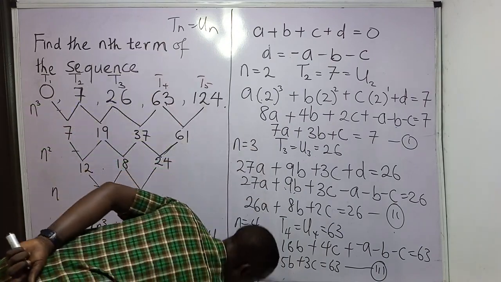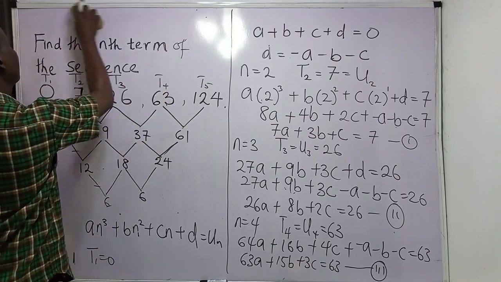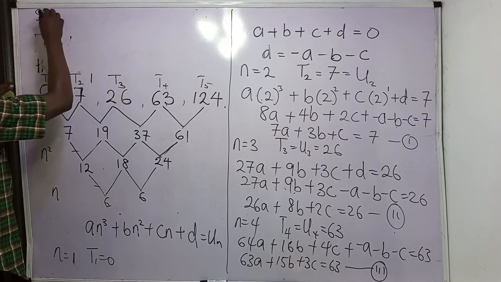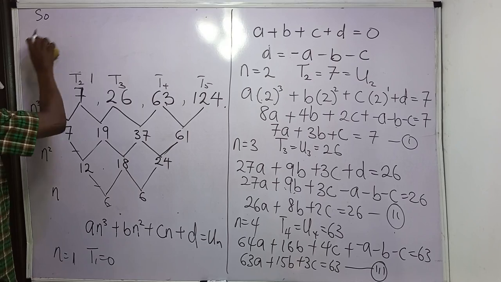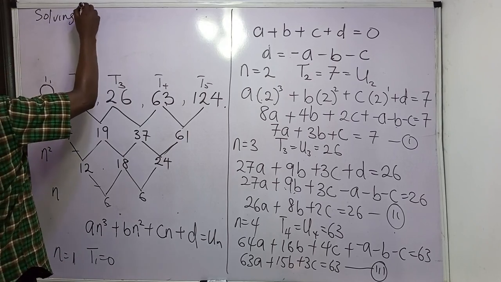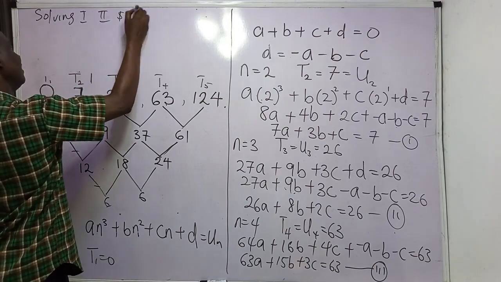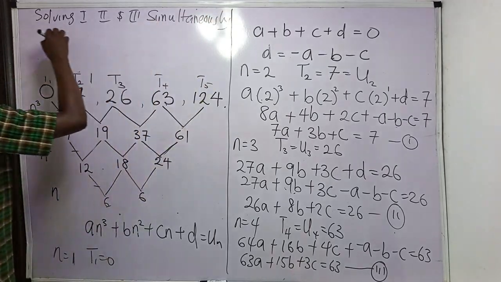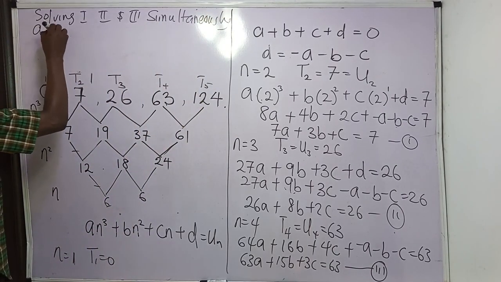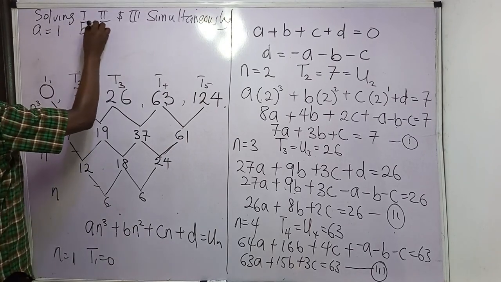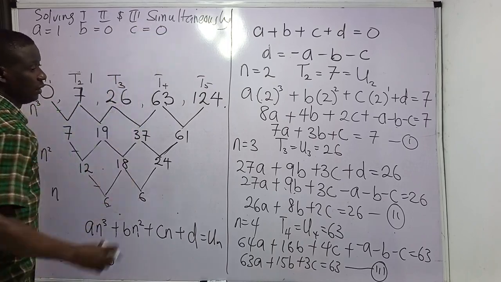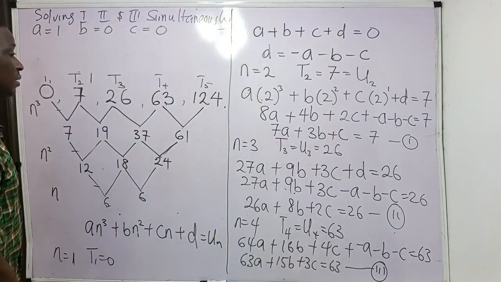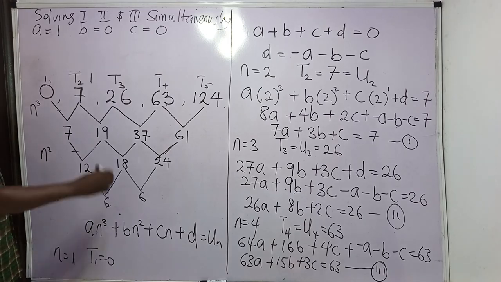If you solve 1, 2, and 3 simultaneously, we want to have our a to be 1, b to be 0, and c to be 0.